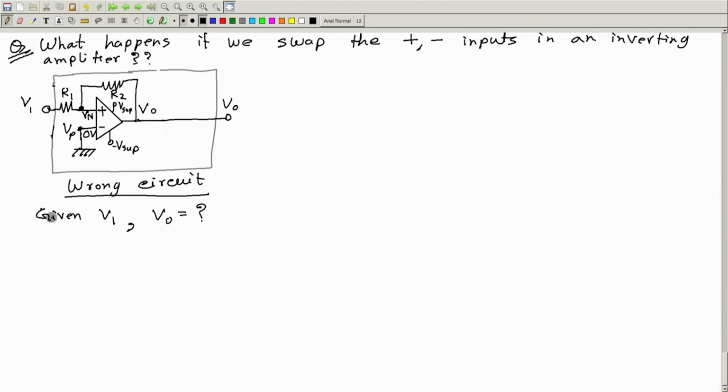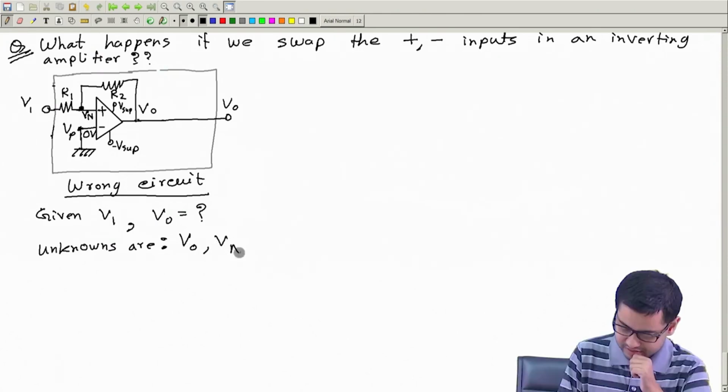First we have to find the unknowns that we have to solve for. The unknowns are of course VO, the output, and here Vn. V1 is given and Vp is equal to 0.